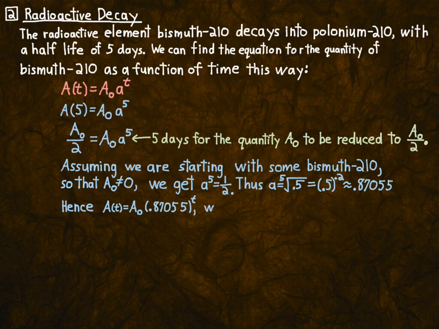So if I rewrite the equation, I put in the decay rate, 0.87055. So I get A of t equals A sub naught times the quantity 0.87055 raised to the t power, where t is the time in days, because the half-life was given in days.